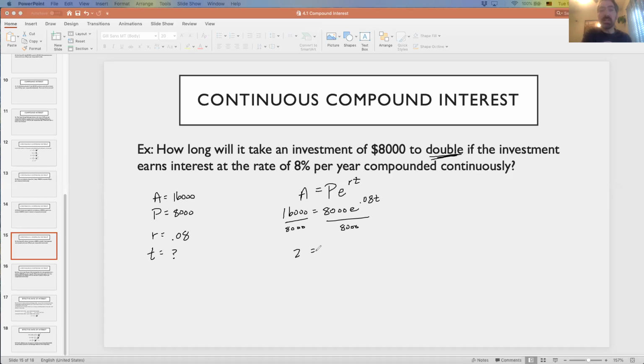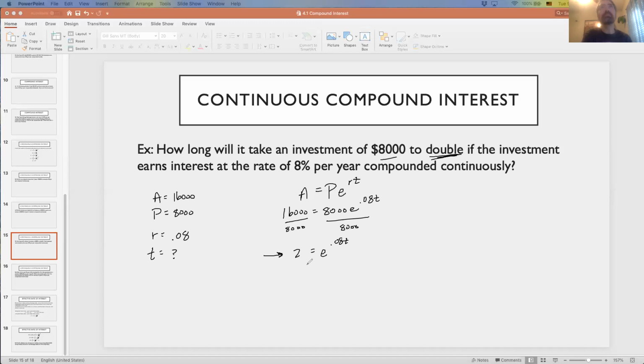Then it doesn't matter. If it's doubling, then this number is always going to come out to be 2 when you divide the accumulated amount by the principal. We didn't even need that information of 8,000 being the initial investment. We know this is always going to be 2 right there. So we could have just started our problem in this line. If we're doubling, 2 equals e to the rt. If we were tripling, that would be 3 equals e to the 0.08t.